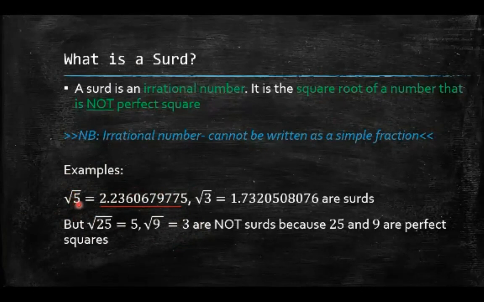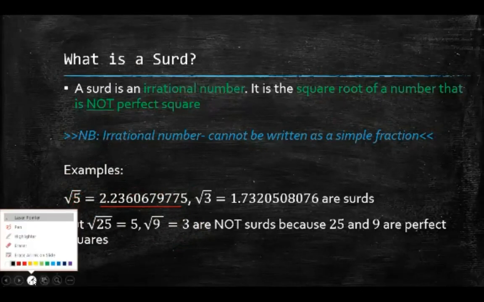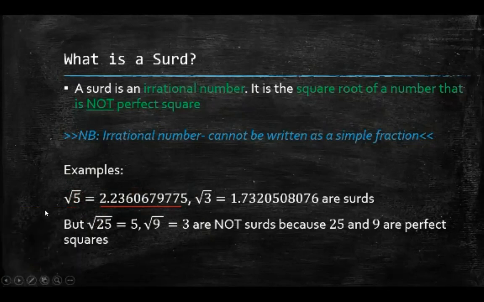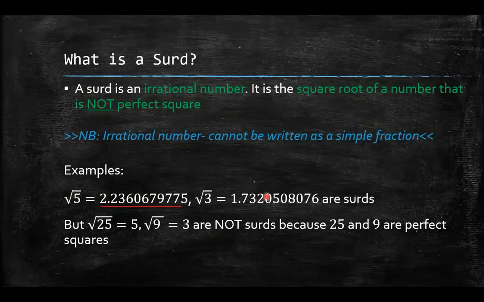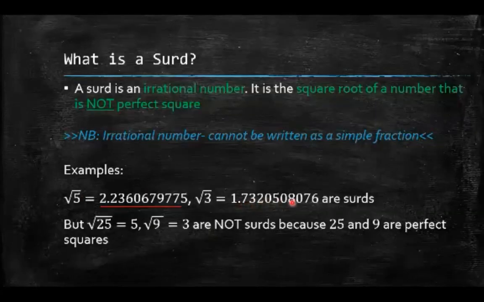And you see 5? 5 is not a perfect square. Same thing with this other example, the square root of 3. If I punch in the square root of 3 in my calculator, I'm going to get 1.732, this whole long decimal, which cannot be written as a simple fraction. And we know that 3 is not a perfect square. So that's why this is called a surd.